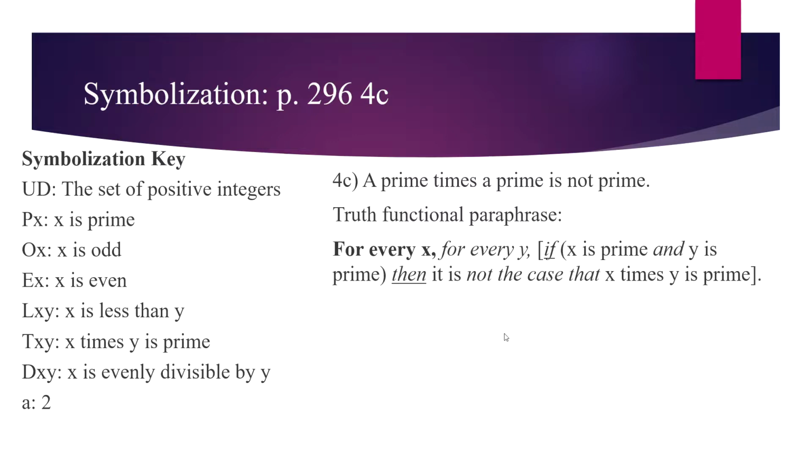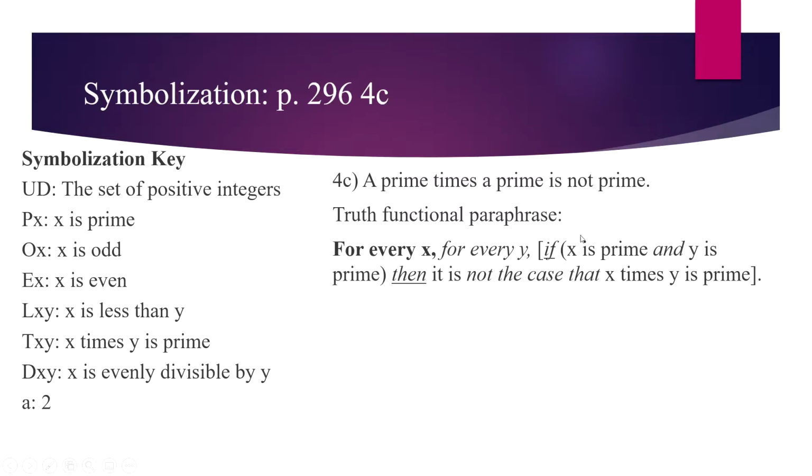And using our symbolization key, here we have the scope lines, or the brackets, right, to indicate the scope of those quantifiers. We need to put the whole thing in the brackets for the quantifier scope, right, because we have x's and y's in the antecedent and the consequent. So we need to make sure that these x's and y's in the consequent are also in the scope of that quantifier.